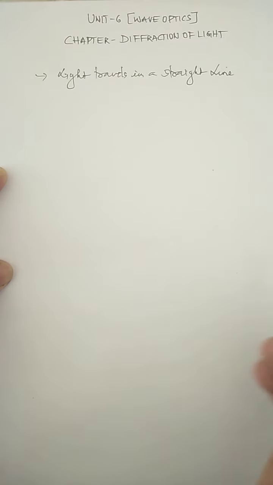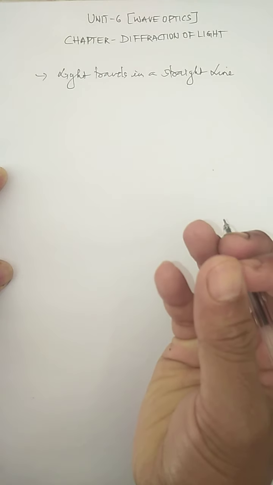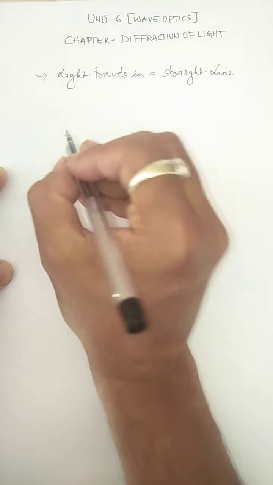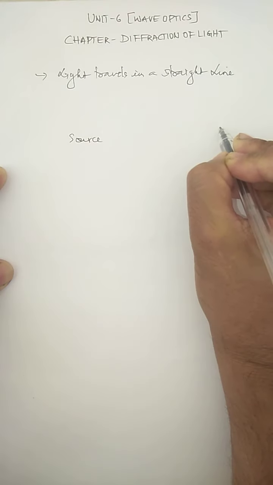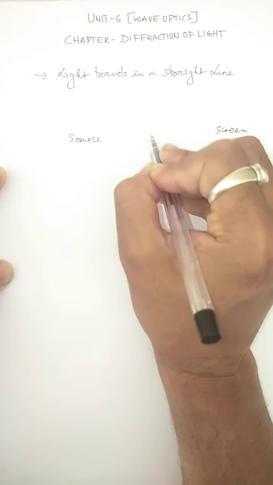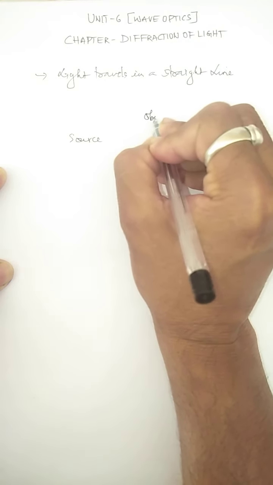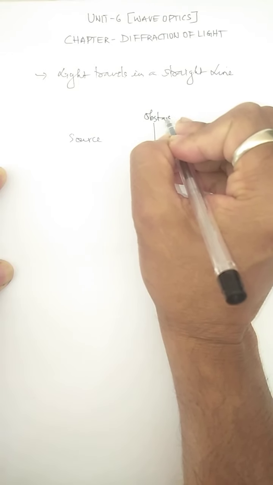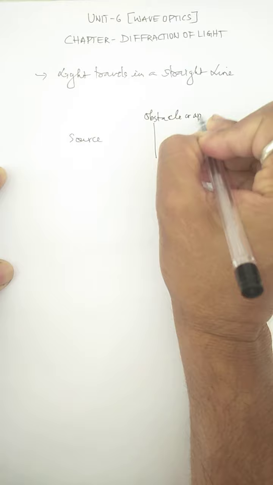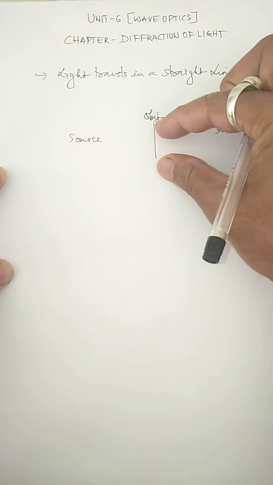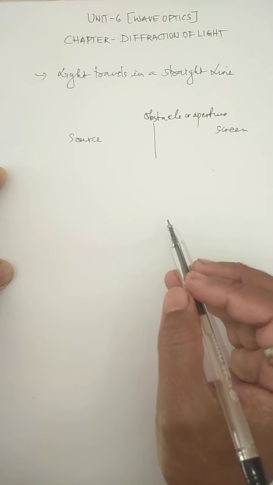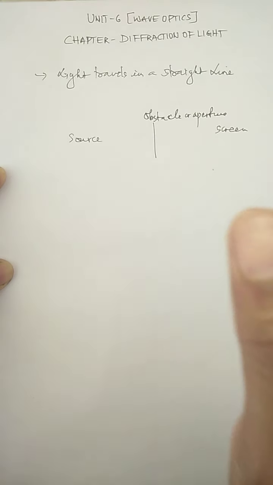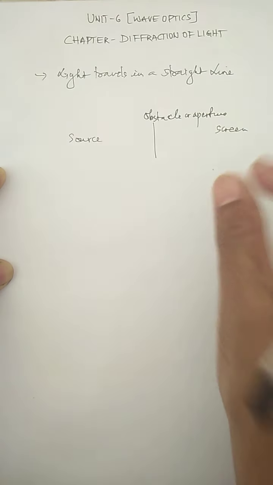So in this case, if an obstacle, or aperture, meaning a very small hole, is placed between the source of light and the screen, suppose you have a source of light and a screen, and between them you put an obstacle, or we also call it an aperture, whose size is large compared to the wavelength of light, then what happens? We see the illuminated light on the screen, or we can see a shadow forming on the screen.